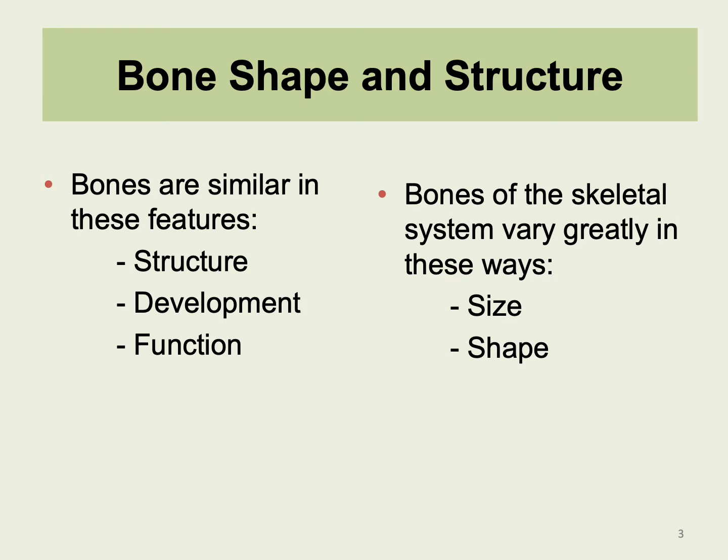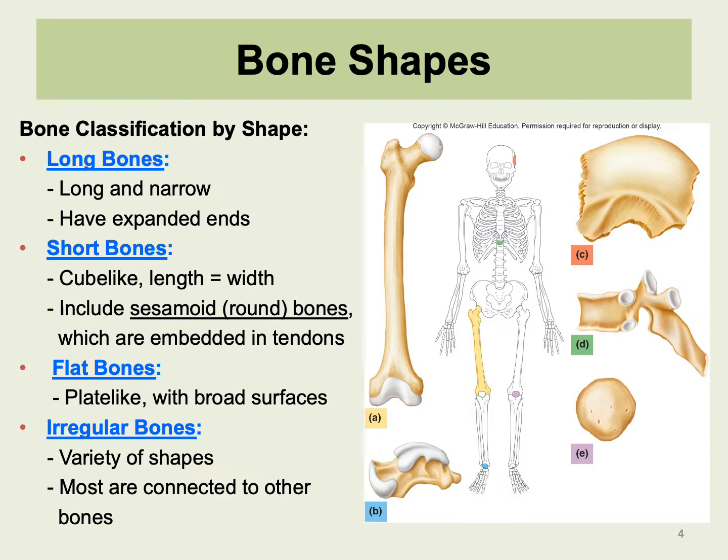Bones are similar in structure, development, and function. However, they greatly vary by size and shape. When we do the classification by shape, we call them long bones if the bone length is greater than their width.